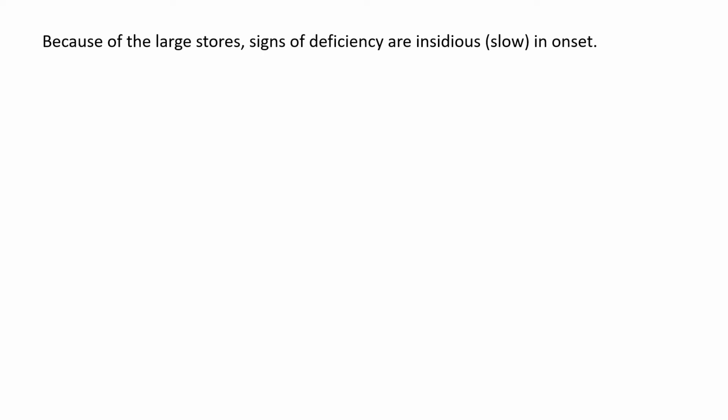And here we go with our classic presentation, don't we? Of someone who comes in who says, oh, I'm feeling really tired. How long's it lasted? Well, I think it's been a few months. And this concept of this slow onset fatigue. So signs of deficiency are insidious or slow.